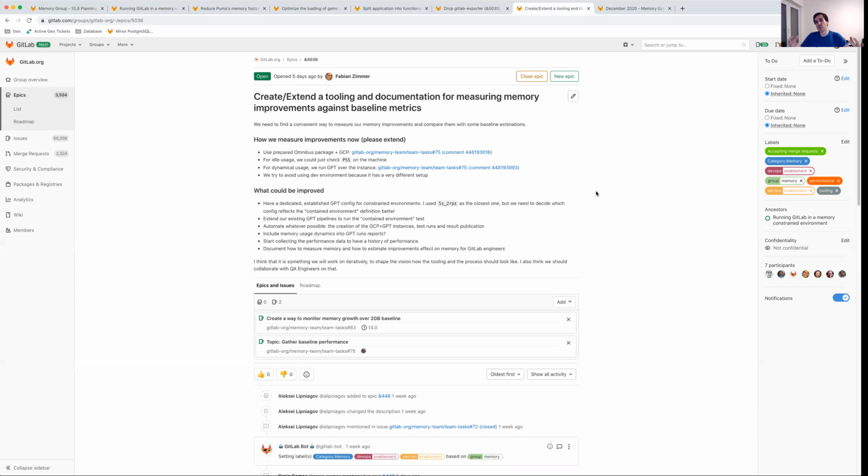Essentially, if there's a change, we want to understand how that impacts GitLab's memory behavior, and there's a wider range of things that we can do to also understand trends over time. So this is an investigation to do that, but also find a minimal viable thing that we can do right now, and this is being discussed right as we speak. But hopefully in 13.8 we're going to work towards that goal.